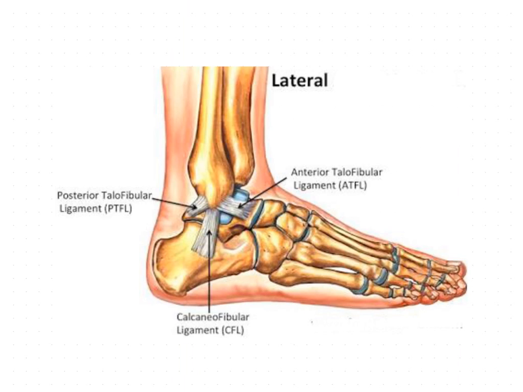The lateral ligament consists of three bands: the anterior talofibular ligament, the posterior talofibular ligament and the calcaneofibular ligament. The anterior talofibular is a flat band which passes from the anterior margin of the lateral malleolus to the neck of the talus.